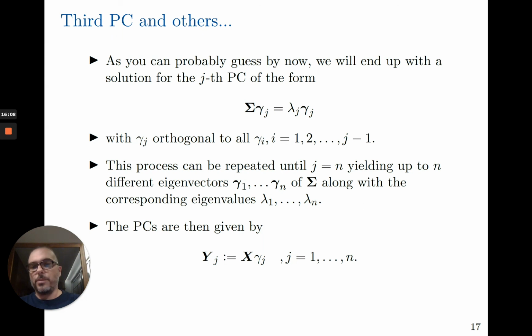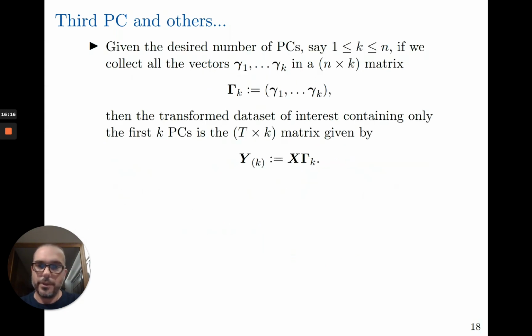And the PCs will be given by yj equals X gamma j, and gamma j is selected by the method that I have just presented to you. Okay? And so given the desired number of principal components, something between 1 and n, we can collect all the vectors gamma in this matrix, gamma k. And we can construct the matrix of principal components, the new data set, that will be T times k, not T times n anymore because we reduced the dimension.